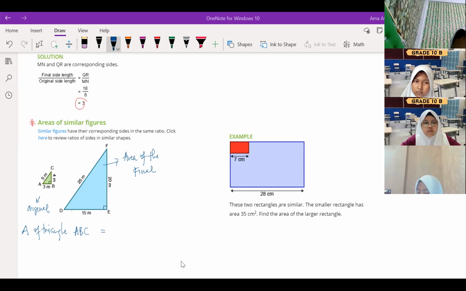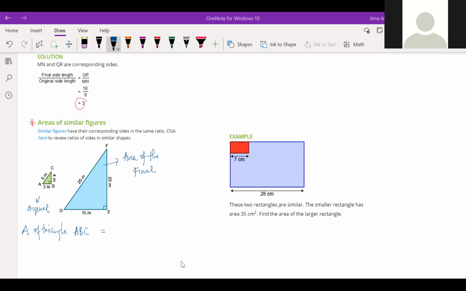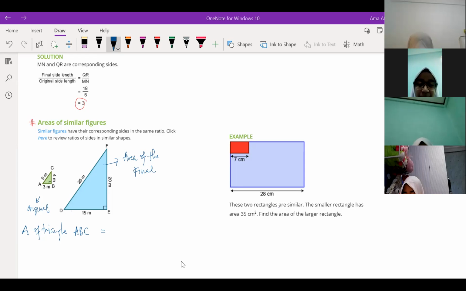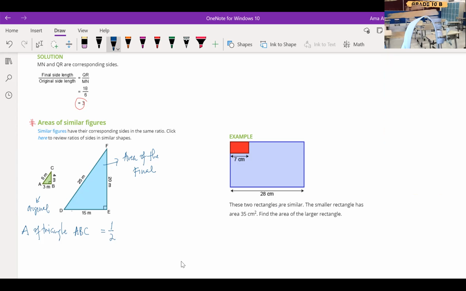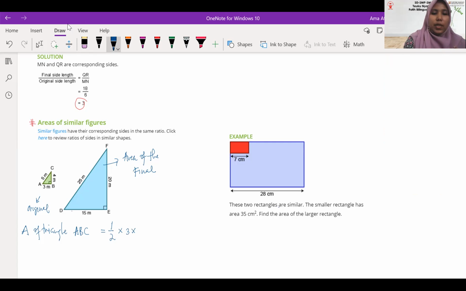Three. Sorry? Do you remember the formula of the area of a triangle? A half times base. What is the base here? 3. Okay, good. And then times? 4.